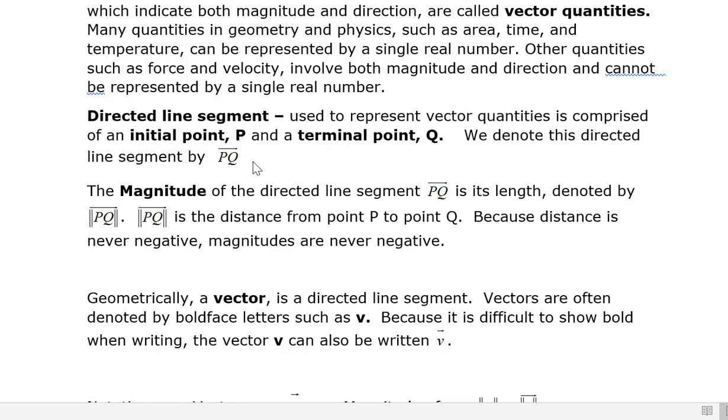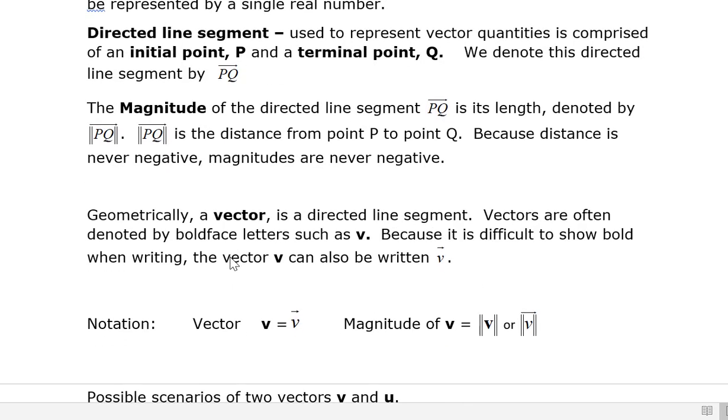And so when you just want to talk about a vector, the line segment itself, you just have PQ with this little arrow over it, indicating a vector. The magnitude, which is actually the length of that line segment, is going to be indicated by this symbol here, where you've got the double bars on either side of the vector.